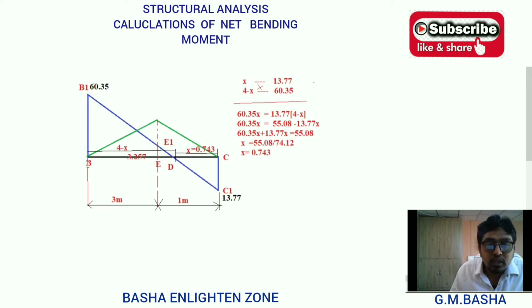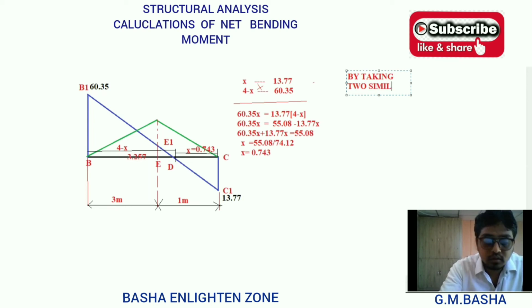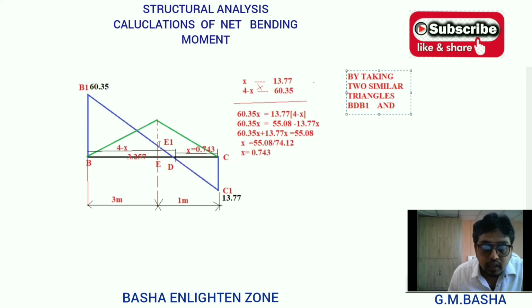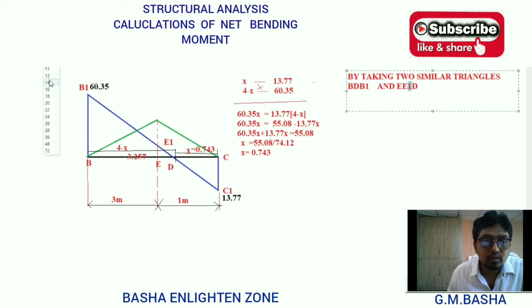Again by taking these two similar triangles B, D, B1 and E, E1, D. So don't be confused here.